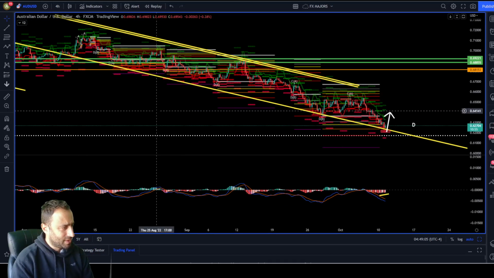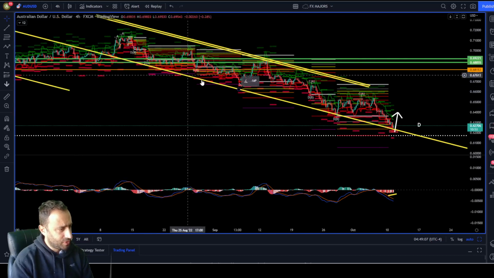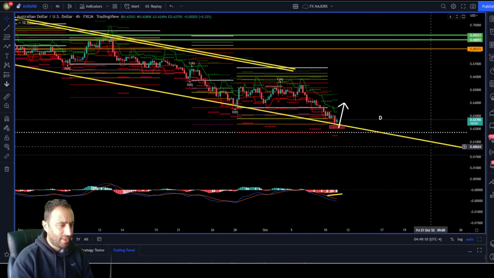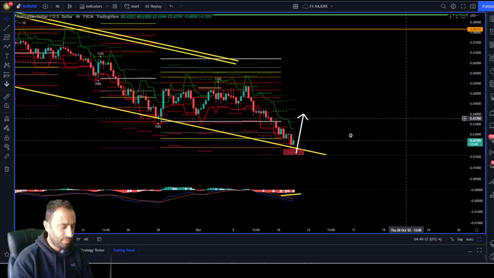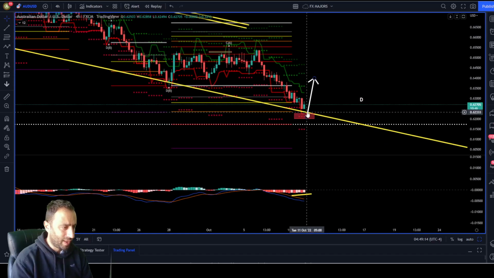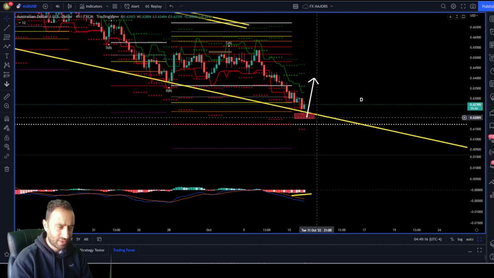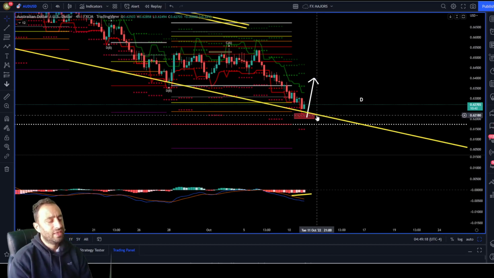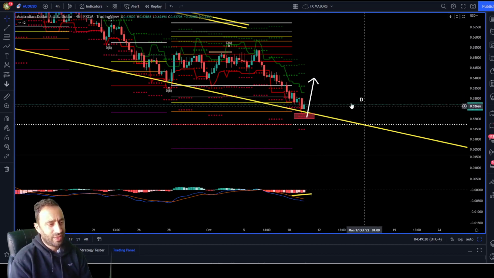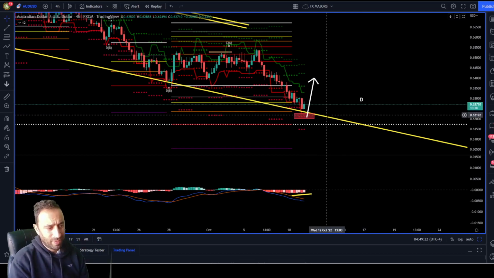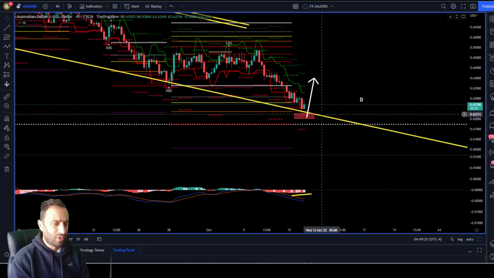Now, what you might be able to see is we've got this channel line here, and I've identified this block here where I am interested in buying. There are different reasons that meet my trading criteria. I've got certain rules that have to be met, and this block is an area where I am interested.